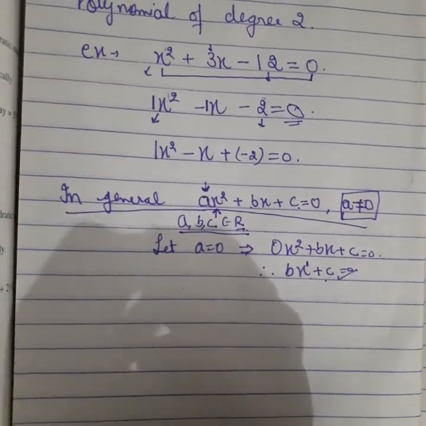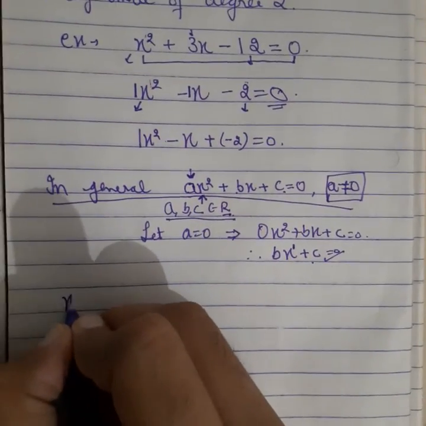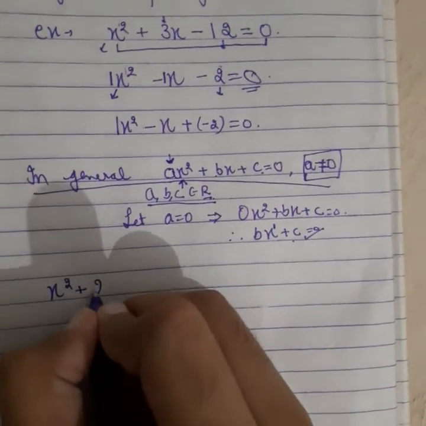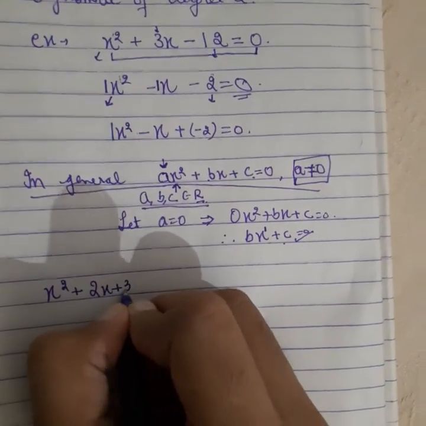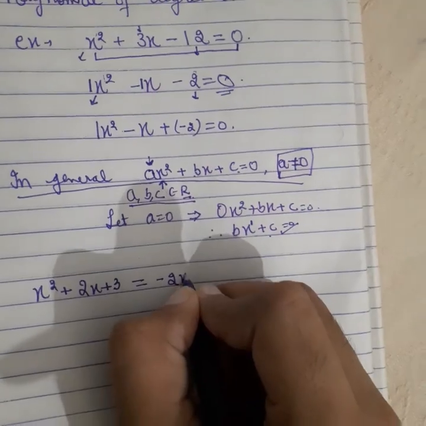Okay, so you can take an example: x square plus 2x plus 3 is equal to minus 2x.